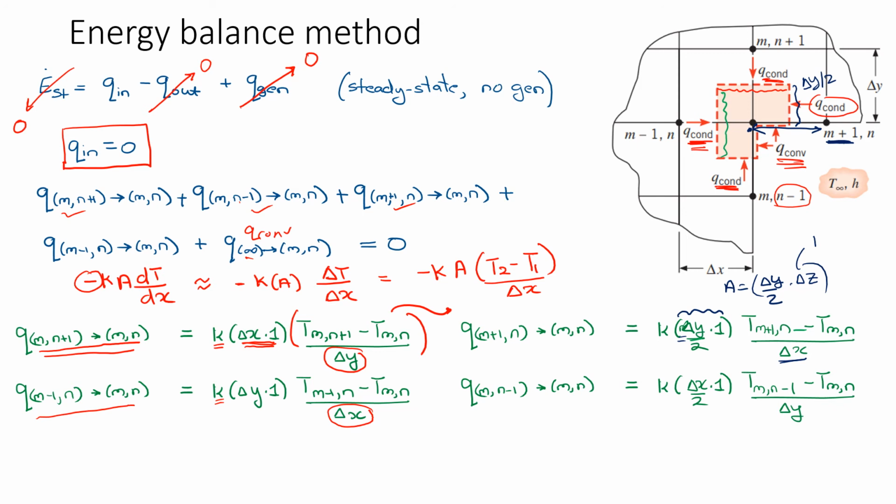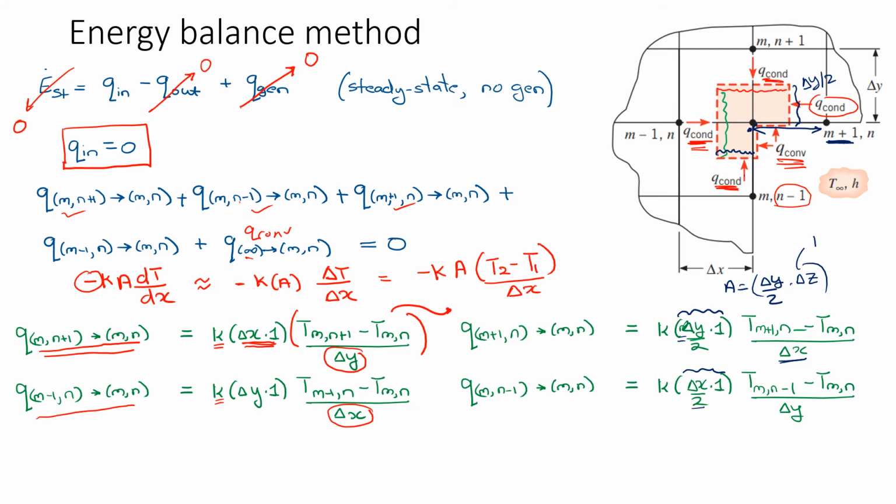Now similarly, for heat being transferred from n minus 1 to m comma n, that's from the bottom to m comma n, our Fourier's law can be approximated as k times A. Now the area of interest in this case is just this much, and it's not the entire delta x distance.